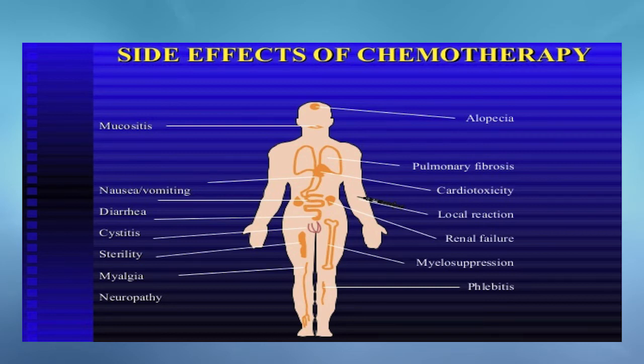Some of it will cause myalgia and neuropathy, which usually affects the hands or the lower limbs. So it is a different kind of toxicity, and that depends on the drug used, the dose and the frequency.